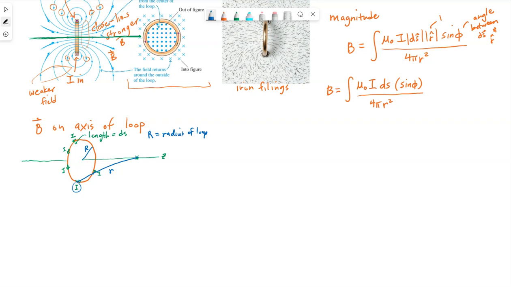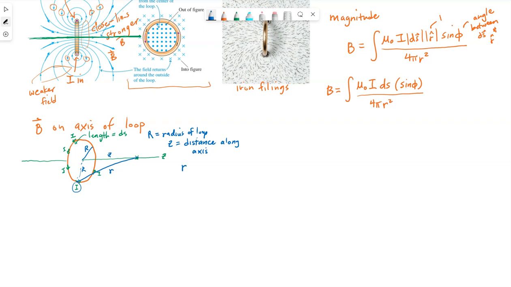So this R makes a triangle where we have the radius of the loop itself and some distance along the axis, which I'm going to just call the z distance. So z is the distance along the axis where we want to find the field.